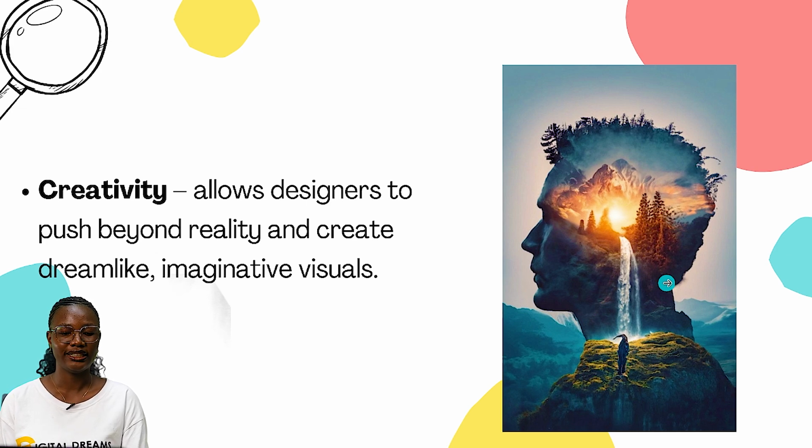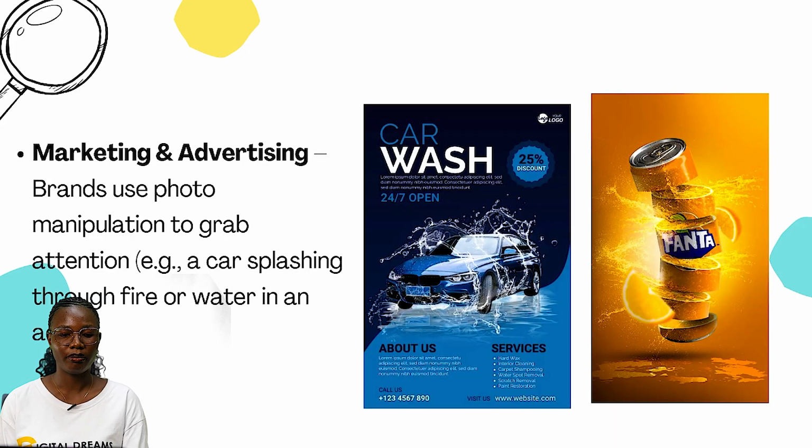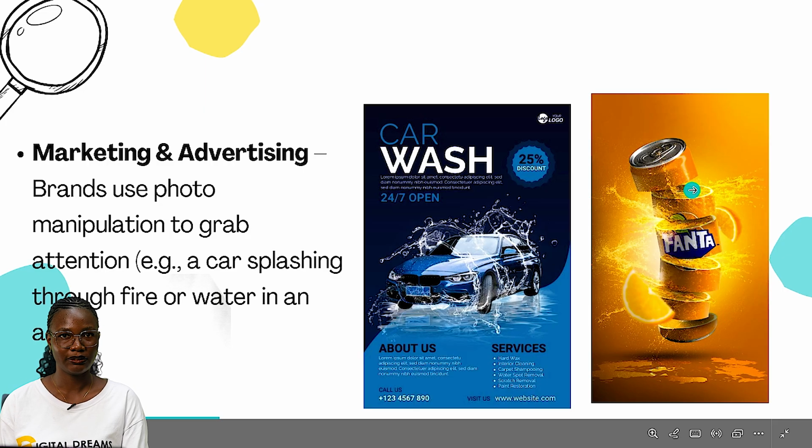The next one is marketing and advertising. Brands use photo manipulation to grab attention. For example, a car splashing through fire or water in an ad. Now we have these two designs right here. Looking at this is photo manipulation.